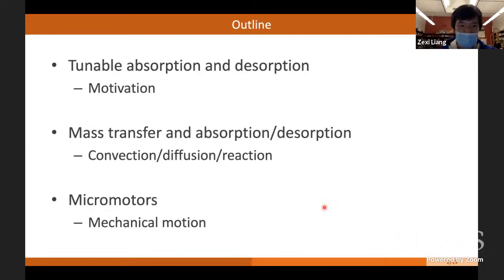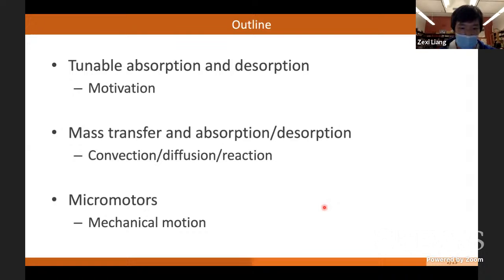So the outline is that we have the motivation to realize tunable absorption and desorption rate. And we know this system involves mass transfer and either absorption or desorption reaction at the surface. So it's a system that involves convection, diffusion, and reaction. This is for the modeling part.